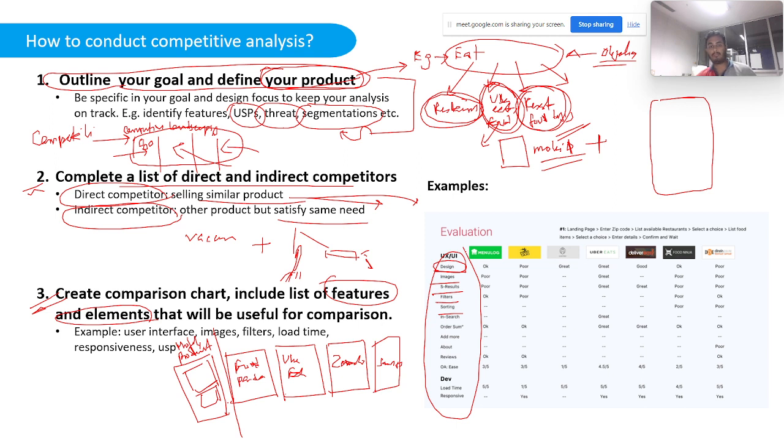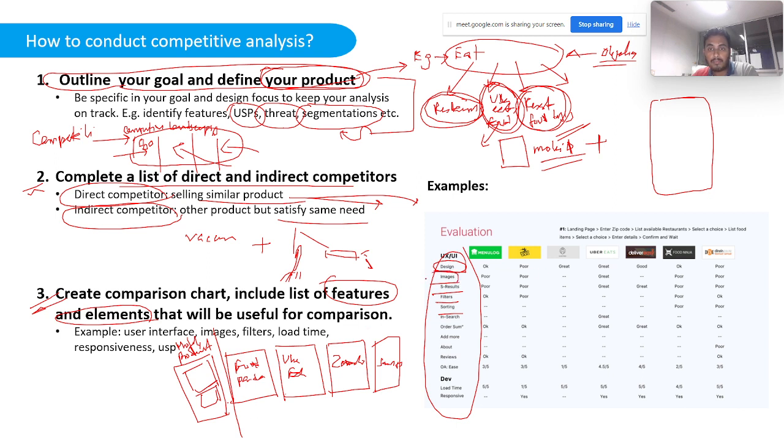Probably some companies have difficult navigation or a difficult user interface to provide information about how to choose a particular restaurant, how to select a particular recipe, etc. So design is an important feature which you will consider to evaluate all these various companies.